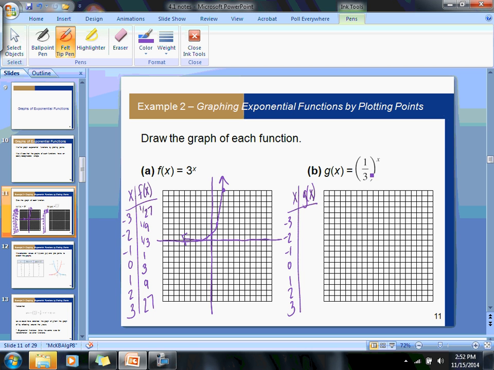So that's basically going to flip-flop our table of values. So if we have 1/3 to the -3, that's going to be 27. 1/3 to the -2, that's going to be 9. Then we'll have 3 and 1. Then we get 1/3 and 1/9 and 1/27.